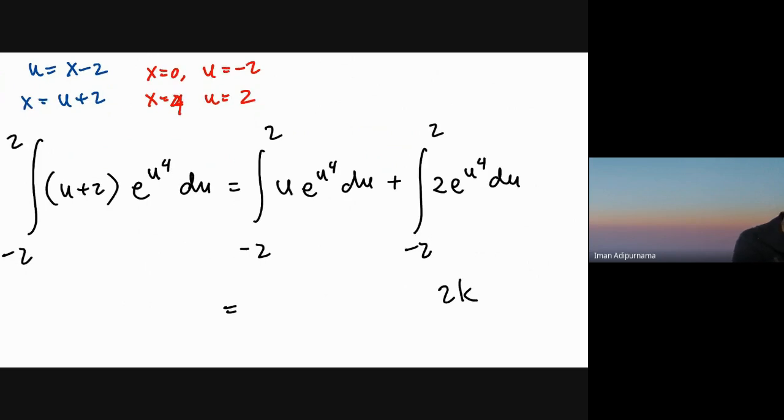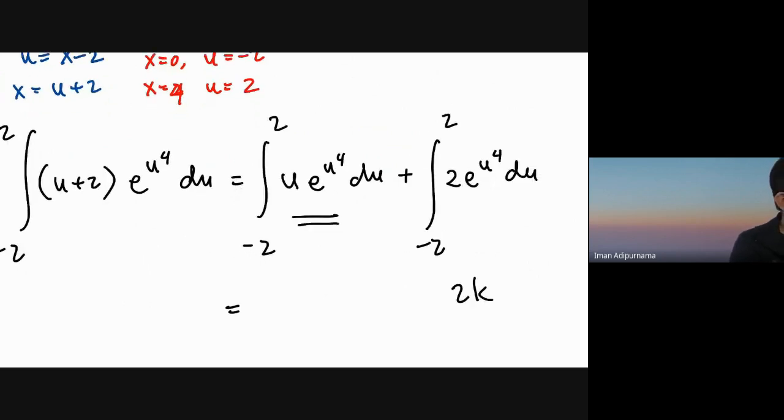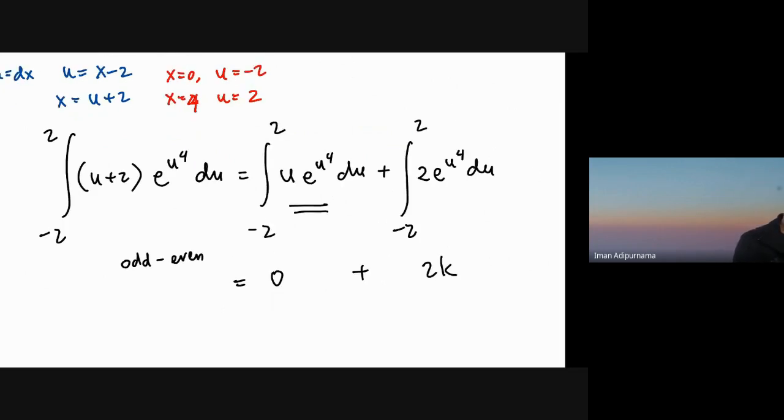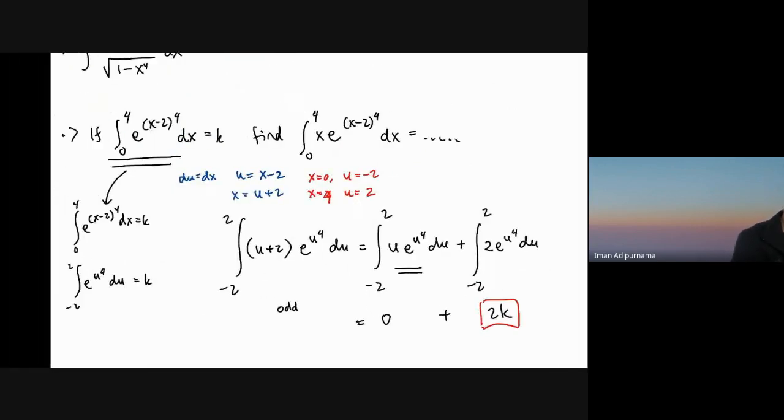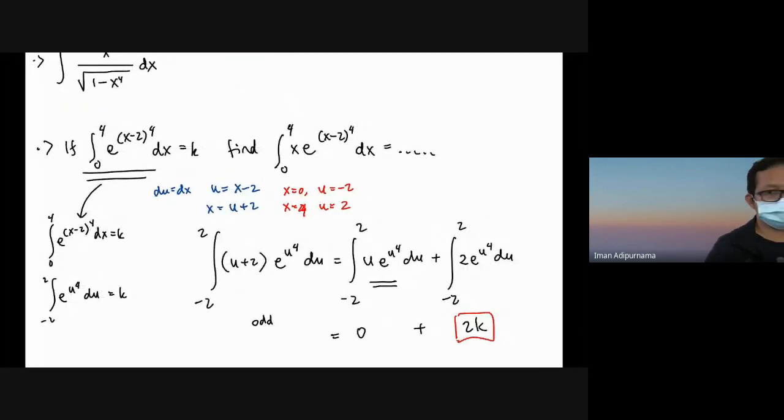And how about this? Remember the odd and even. This will be 0, right? This is an odd function. So the answer will be 2k.